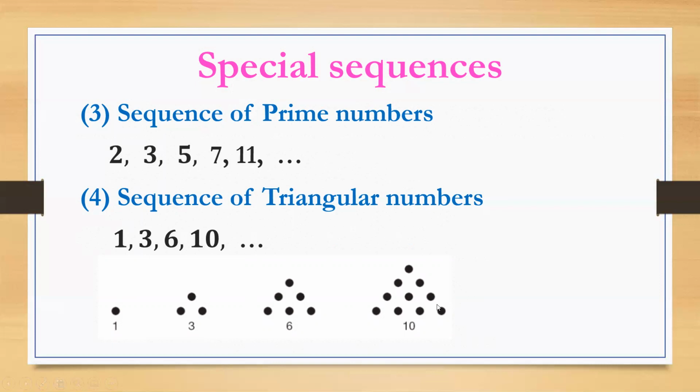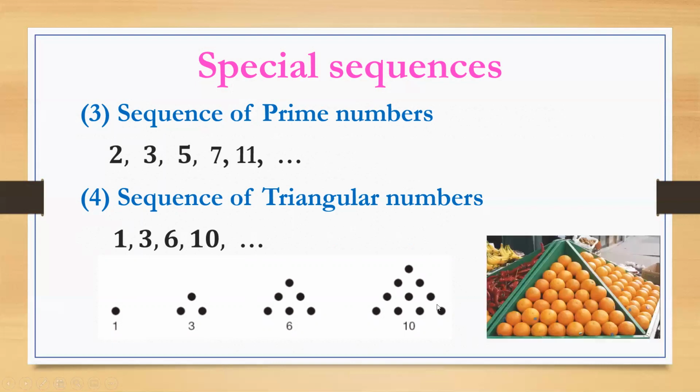Now, this can also be seen in real life. Look at the arrangement of the oranges. They are very similar to the figures that we have here. 1 orange, 1 dot. Here we have 3 oranges, just like here. 6 oranges, 10 oranges. So this is an example of sequences in real life.